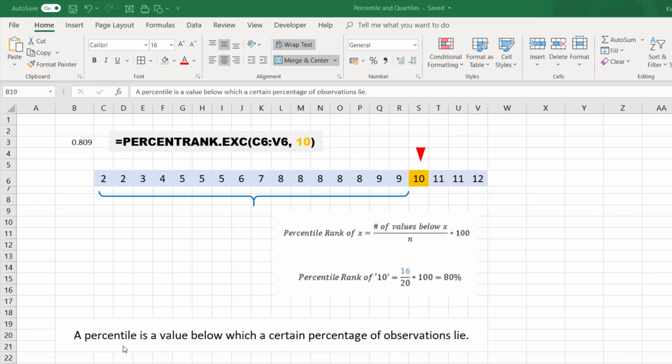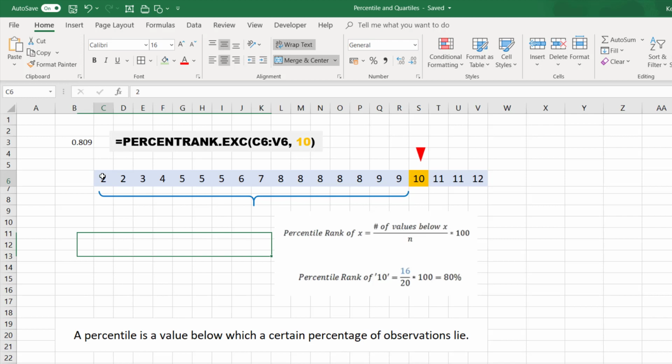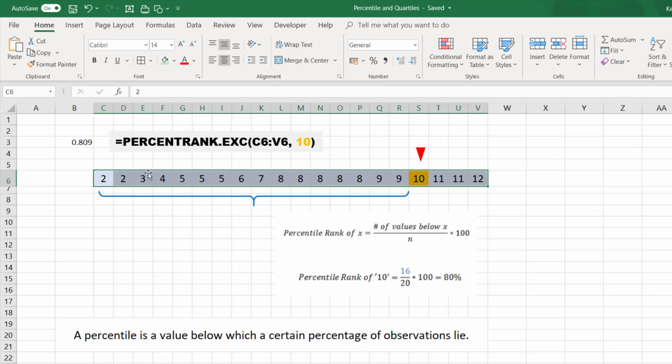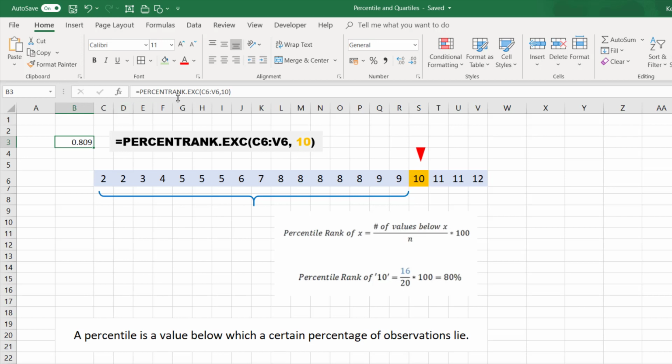A percentile is a value below which a certain percentage of observations lie. What does it mean? It means that if you have this list of numbers and you want to find out what percentage of the numbers fall below a given number, you can key in percent rank.